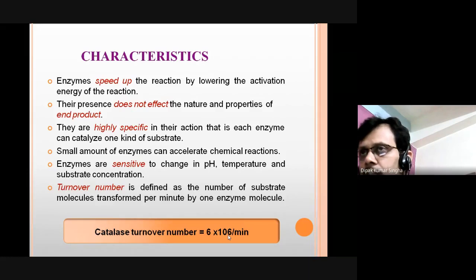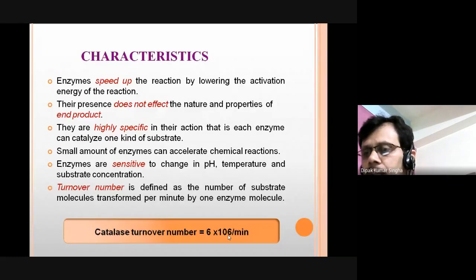Substrate concentration is also very, very important, the most important factor. Next class I will discuss how substrate concentration affects enzyme action. Factors affecting enzyme action will require at least one class, and this question comes in alternate years.